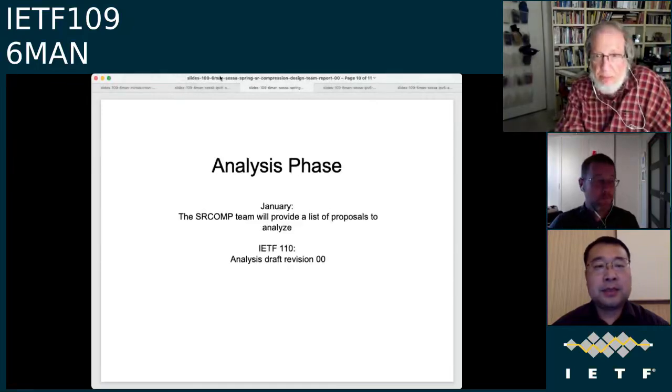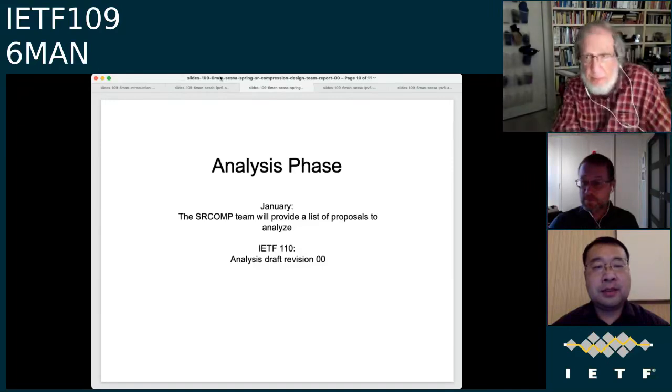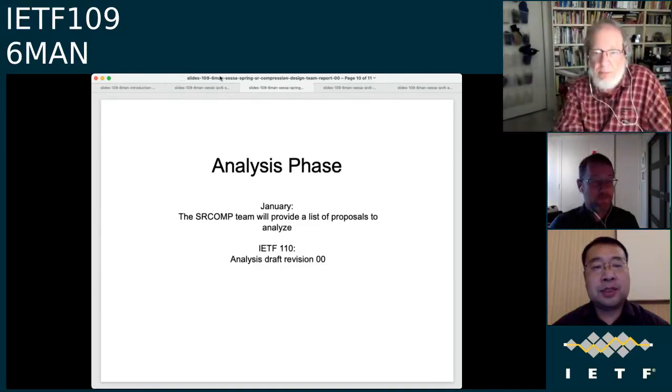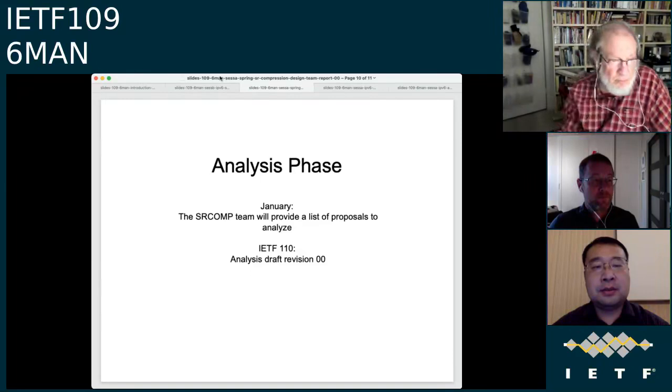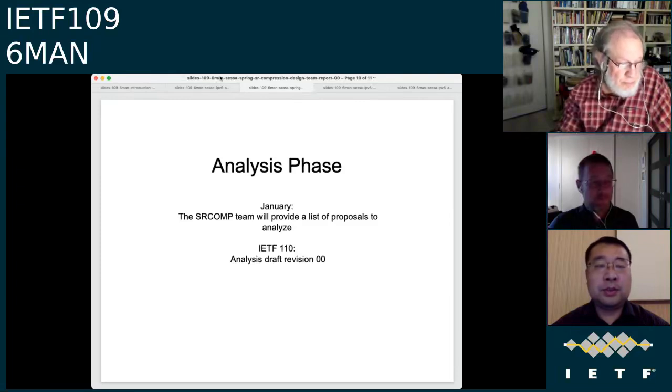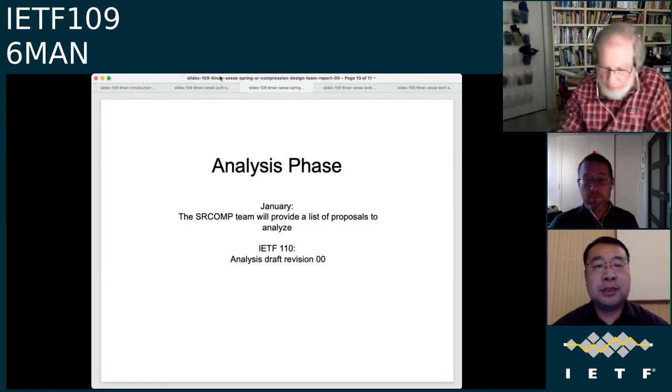For the analysis draft phase, I think the design team will provide a list of proposals at first. I think the list will be posted to IETF in January 2021.